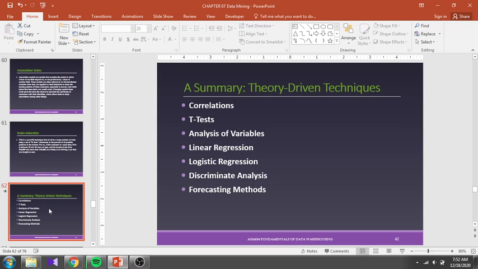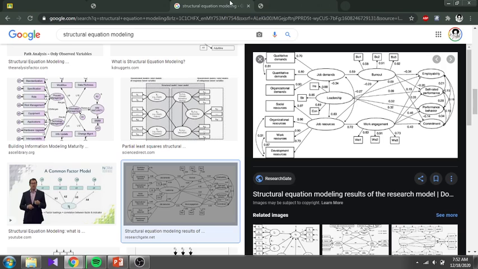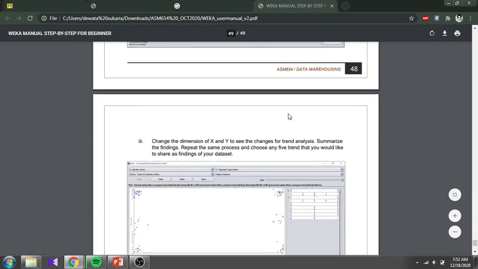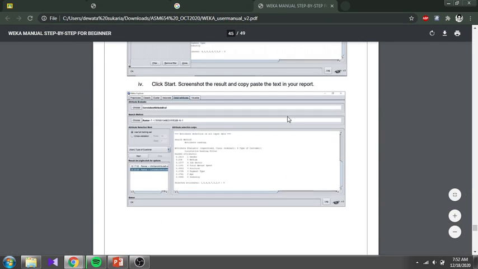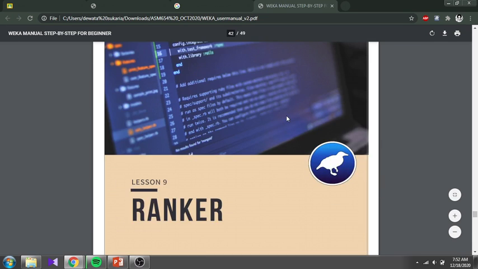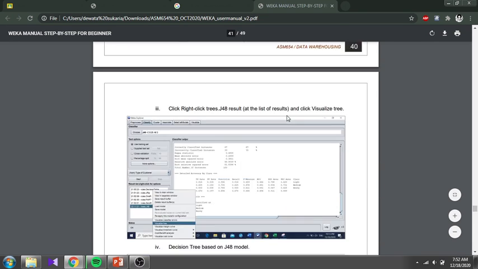A summary of the theory-driven techniques: correlation, t-test, analysis of variance, linear regression, logistic regression, discriminant analysis, and forecasting methods. I think this t-test is included in our, I think we have in the welcome menu, is there a t-test? I've forgotten already. So actually it is in this data mining chapter.